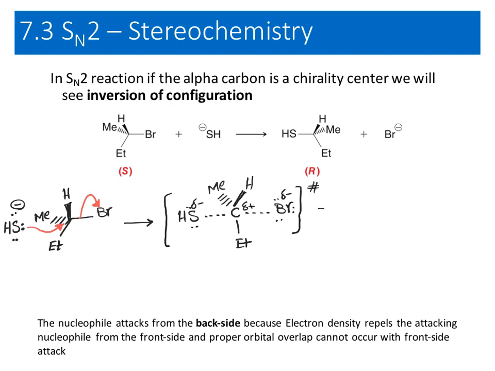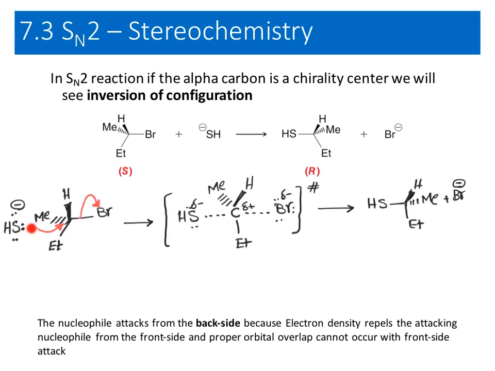Okay, and then after passing through this transition state and loss of leaving group, this product is forming. So this is a one-step process.